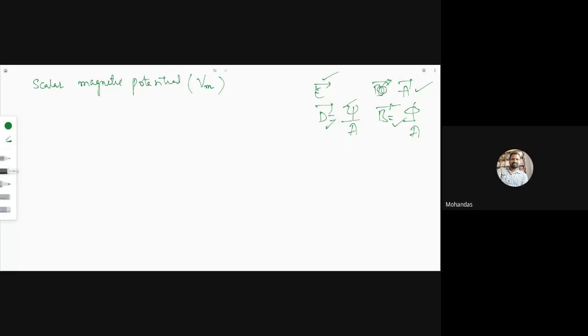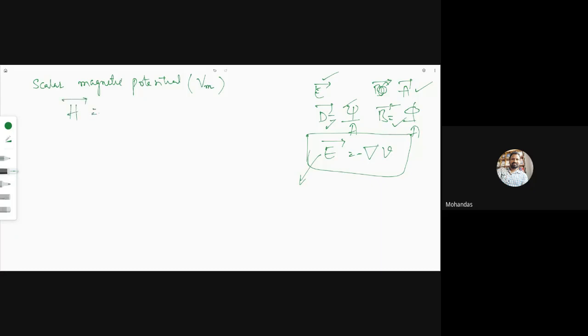As there is a similarity in the definitions, and in the electrostatic field the relation between E and V is E equal to minus del V, which we have already derived in electrostatic fields, the same formula can be applied here also. What is that formula?